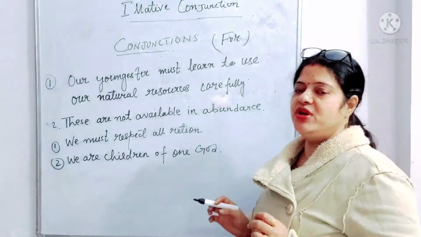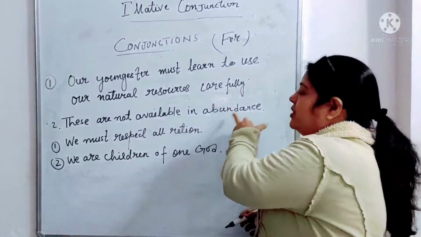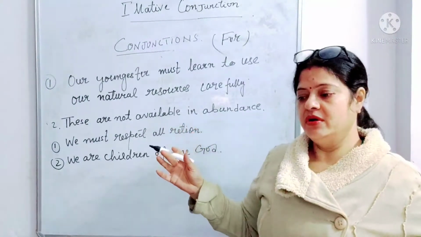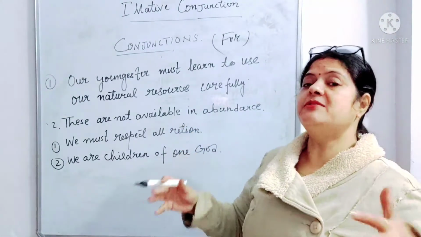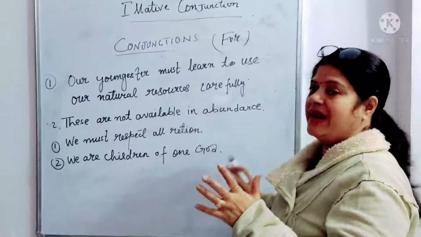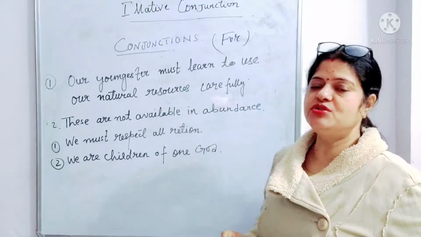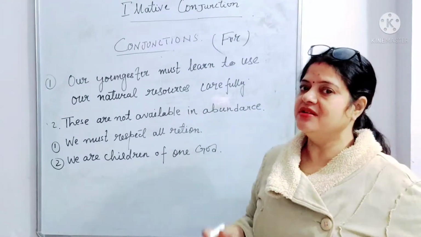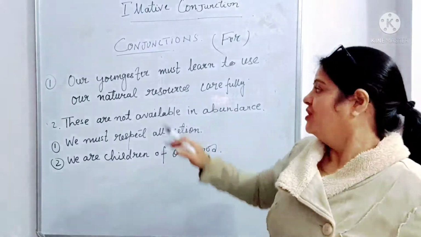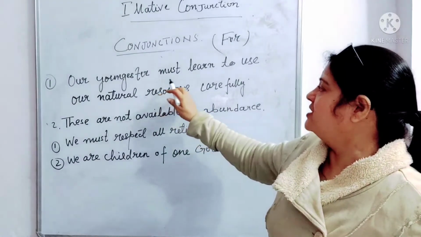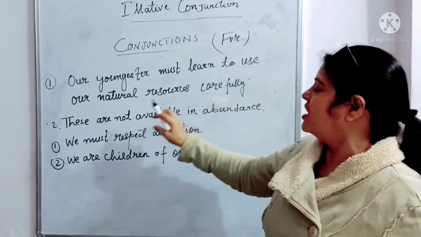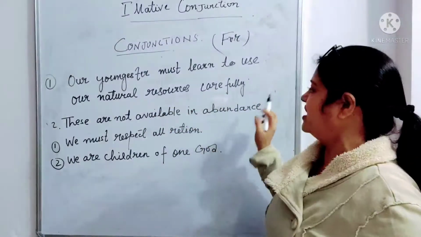So actually, what is abundance? It's a noun, and it means plenty of. We don't have plenty of natural resources, so our youngsters must learn to use them carefully. First sentence: our youngsters must learn to use our natural resources carefully.